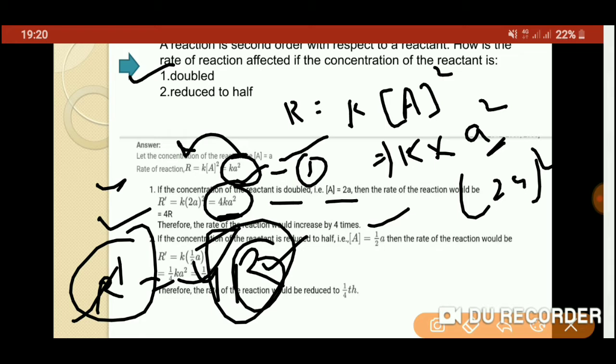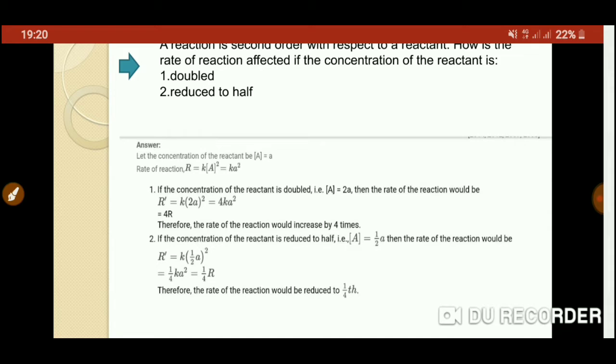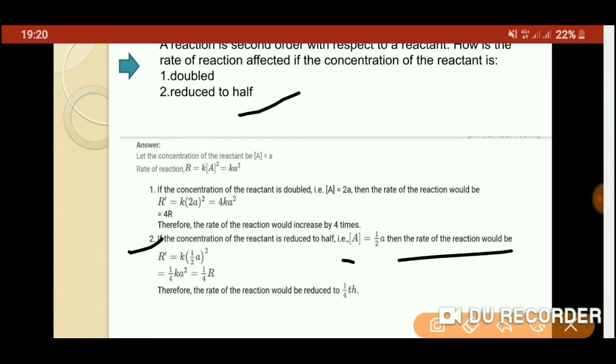So the second condition is saying that reduced to half. You can see that if the concentration of the reactant is reduced to half, so active mass goes to half of the previous concentration, you let it be small a. Then the rate of the reaction would be equal to R dash, you get the new rate of reaction.